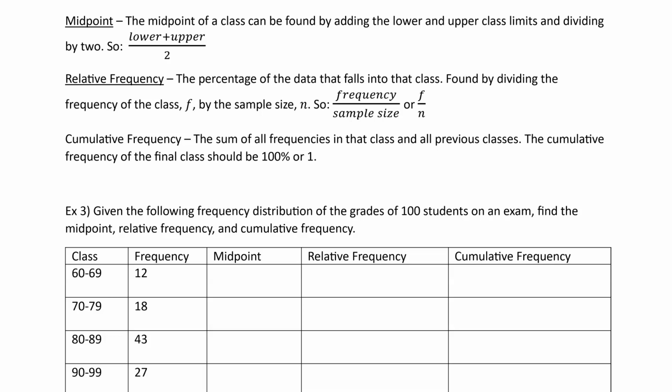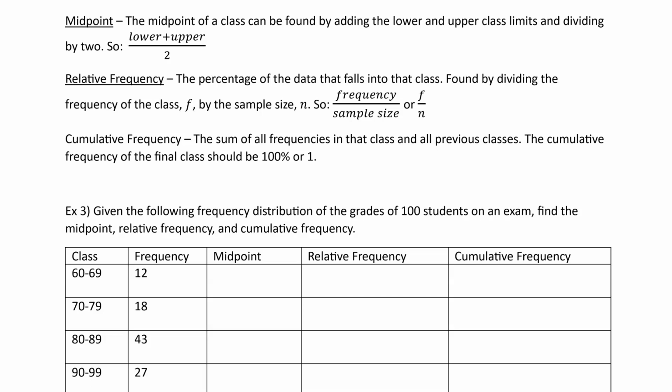So you just take the lower part of that class plus the upper part of that class divided by 2. That's the midpoint. The relative frequency is the percentage of the data that falls into that class, found by dividing the frequency of the class by the sample size. So it's just frequency divided by sample size, right? Or F over N.